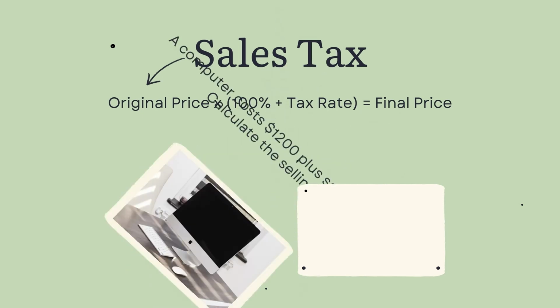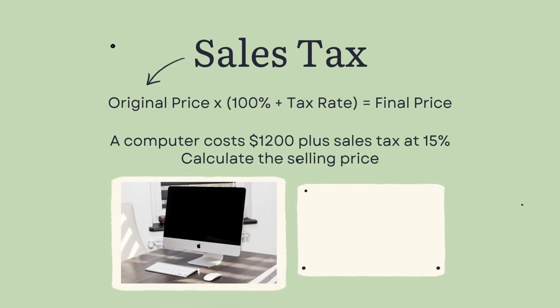Okay, for example, a computer costs $1,200 plus sales tax at 15%. So the question asks us to calculate the selling price. Following the formula above, we will get $1,200 times 100% plus 15%, which is 115%.